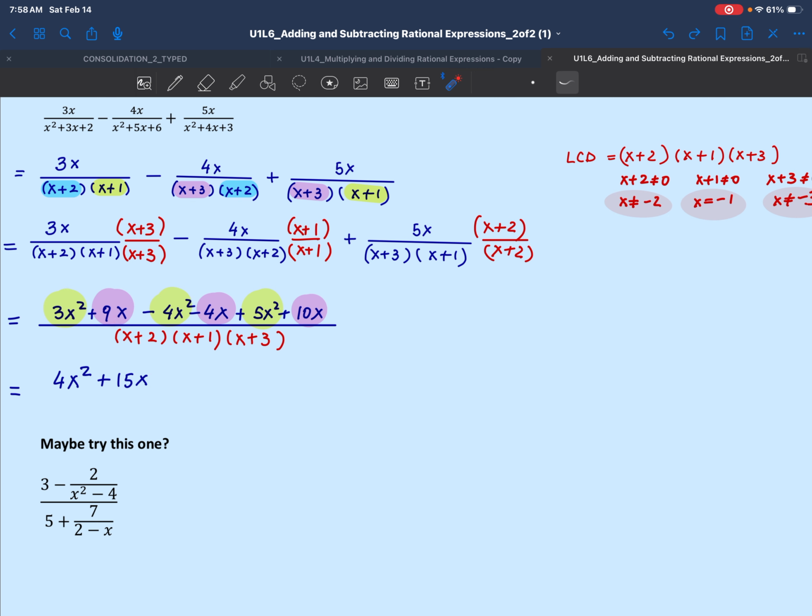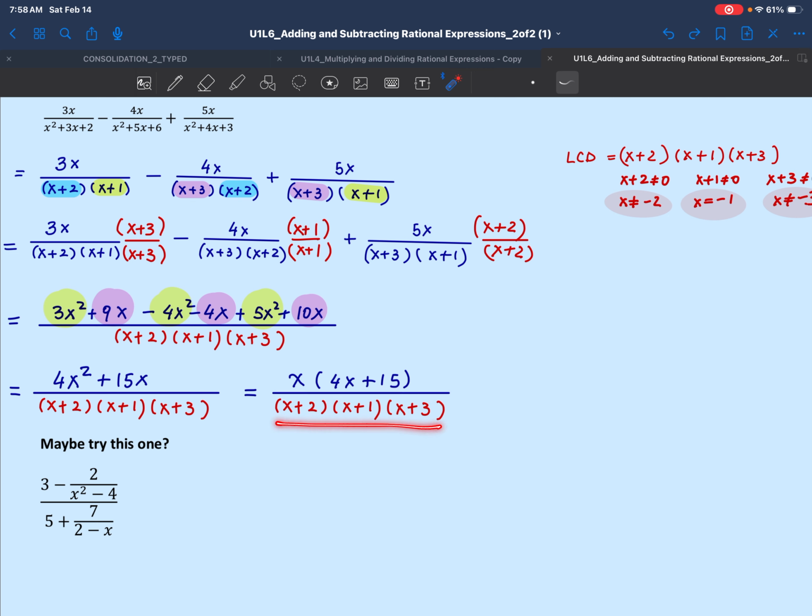This will be over the lowest common denominator. Now, lastly, we will have to check and see if we can further factor the numerator, and we see that we have a common factor of x. We'll take that out, in hopes that we can find a factor to simplify the denominator with. We don't in this case, but at least we checked. And over the lowest common denominator, this is as simple as it can be.